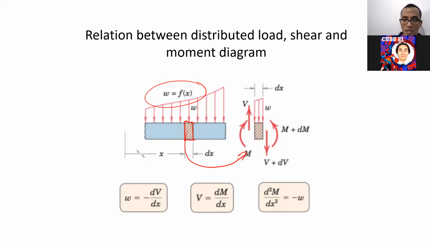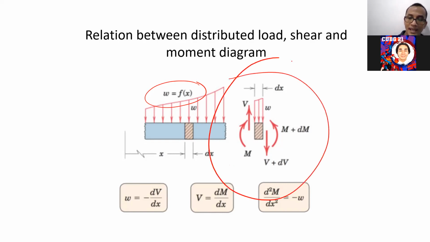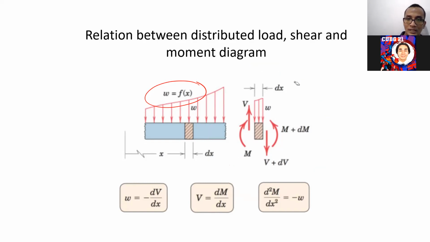These are all the internal forces and internal moment happening at that particular small element. On the left side of the cut, we have an internal moment M and an internal shear force V. At the right side of the cut, because there is a distributed W over the distance delta x, there will be an internal shear force V plus dV, where dV is the delta internal shear force.